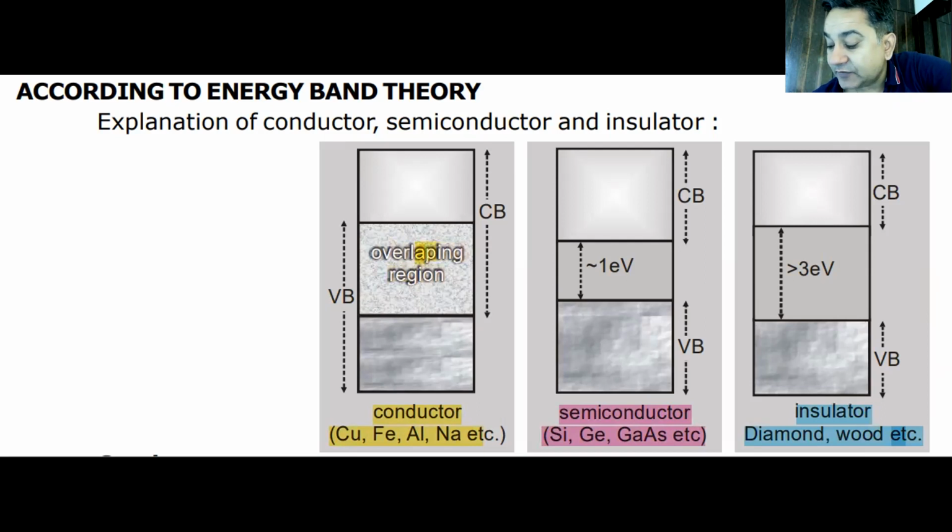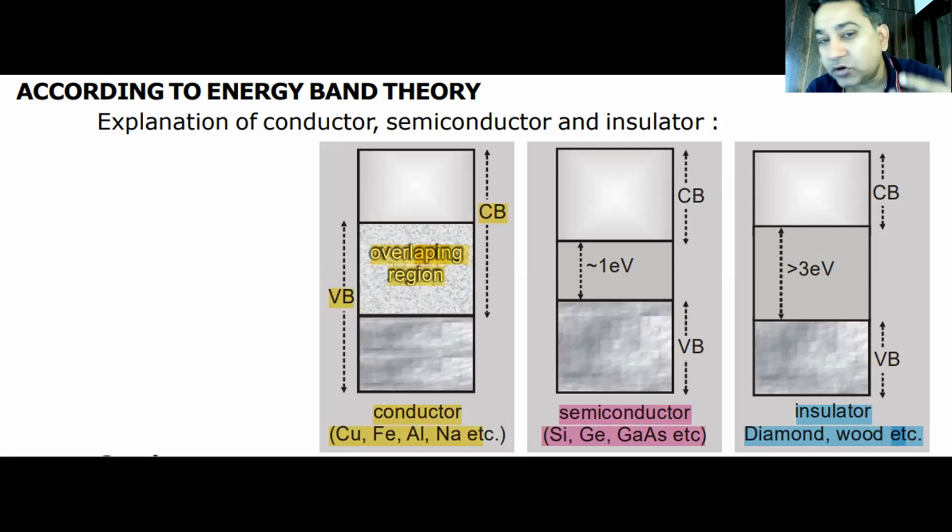You see that the valence band and the conduction band are overlapping each other. That means electrons can be present in the valence band as well as in the conduction band.